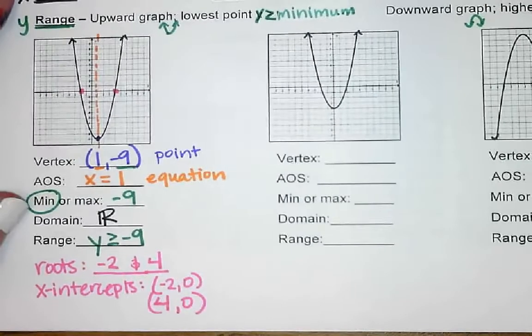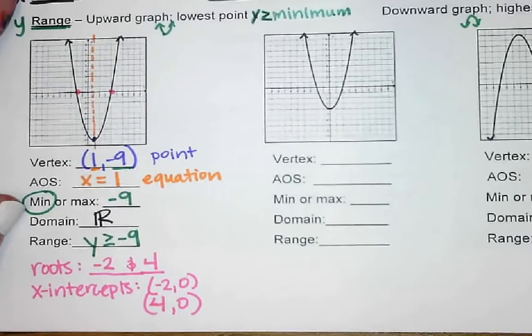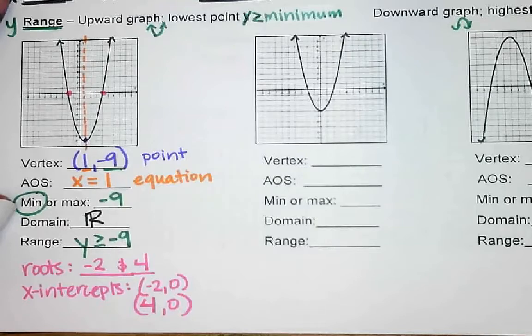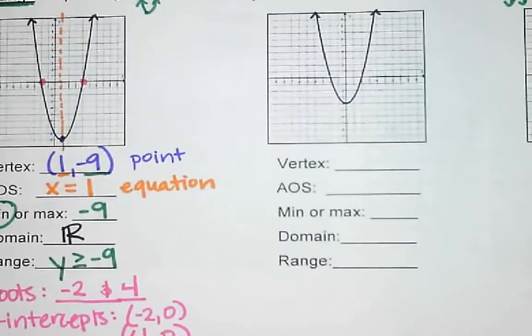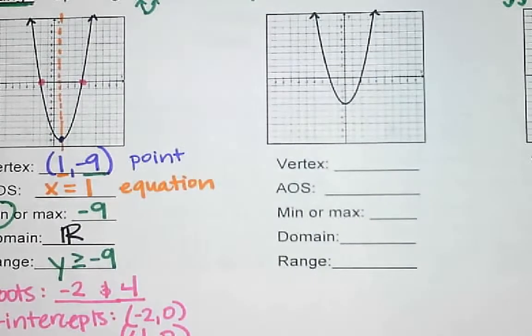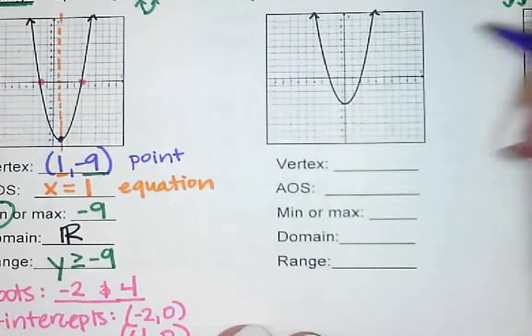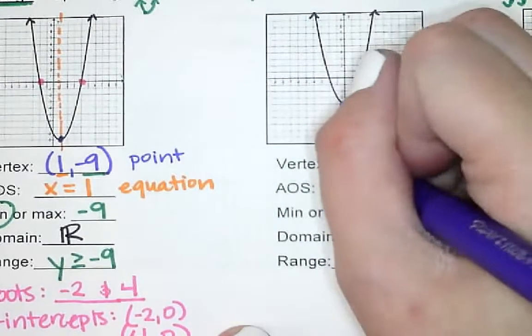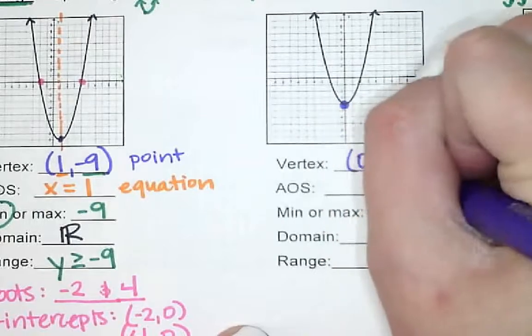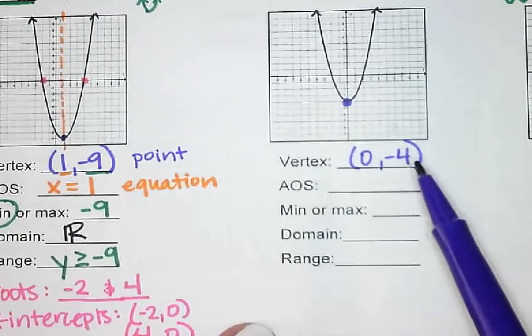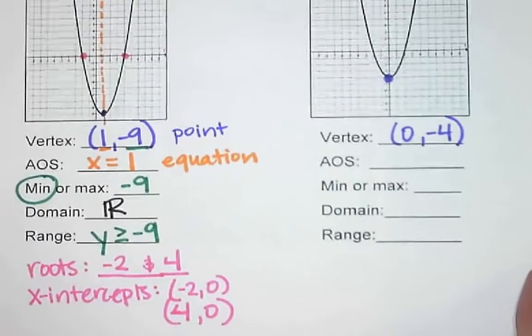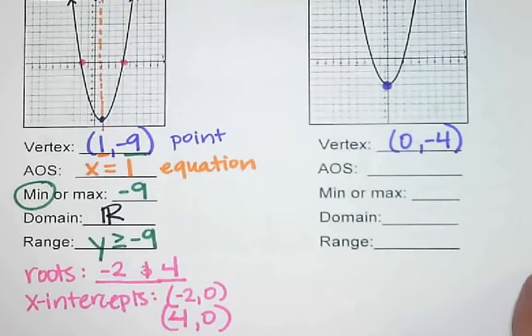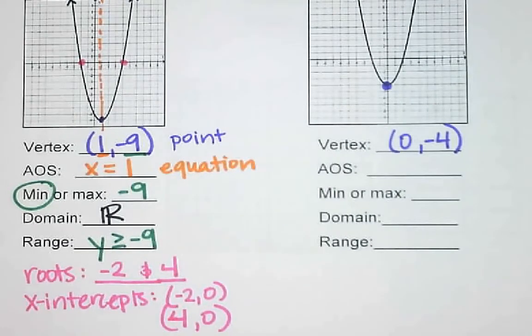So let's take a look at this second one. Guys, where is my vertex on this second one? 0, -4. Excellent job. And guys, once we have the vertex, what does that help us find? Like everything else, doesn't it?